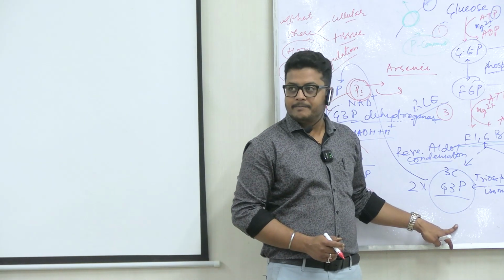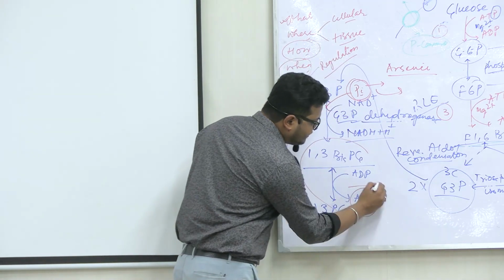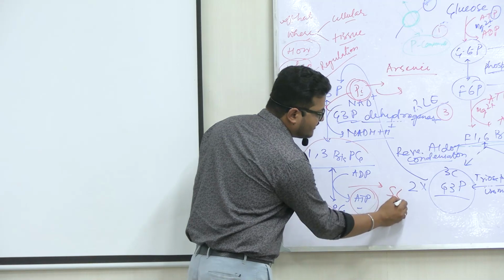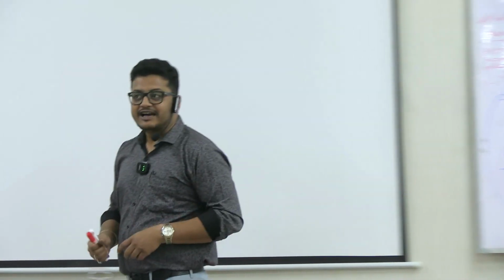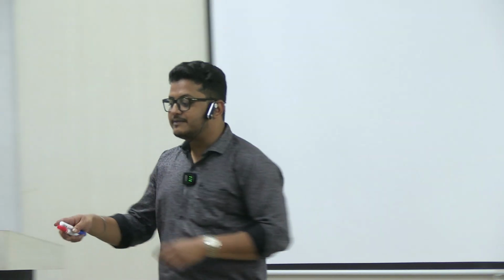Okay? If ATP is produced at the substrate level, we call it substrate level phosphorylation. Otherwise, the production of ATP is the responsibility of the electron transport chain, which happens in the mitochondria.